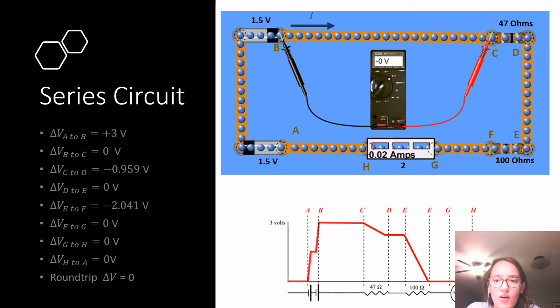Across all the wires and the ammeter there was a 0 change in potential because we're assuming that they carry no resistance according to Ohm's law. Across the 2 resistors, you see some decrease in potential. Across the first resistor, you have a -0.959 decrease, and across the second resistor, you have a decrease of -2.041 volts.